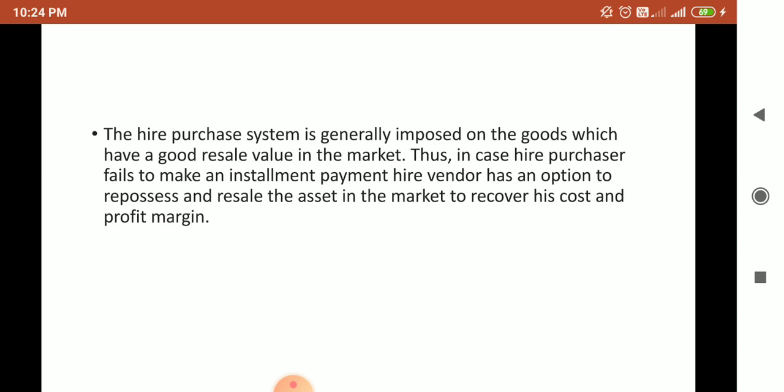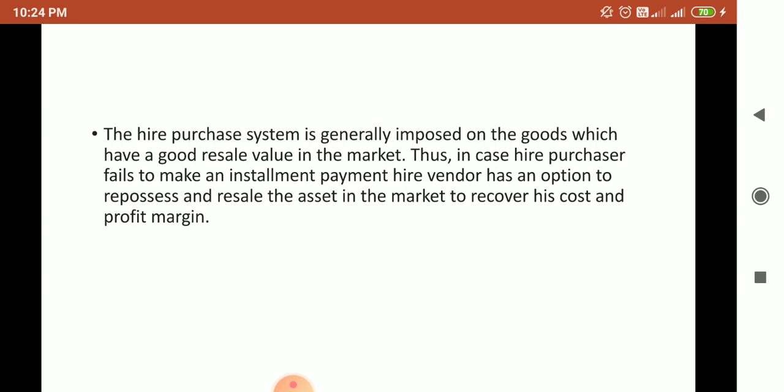Thus, in case the hire purchaser fails to make an installment payment, the hire vendor has an option to repossess and resell the asset in the market to recover his cost and profit margin.